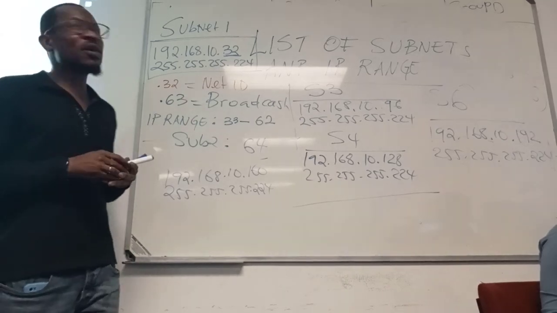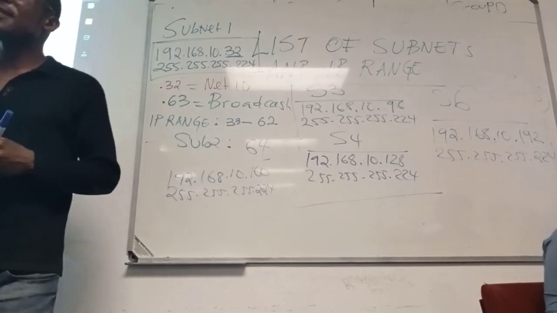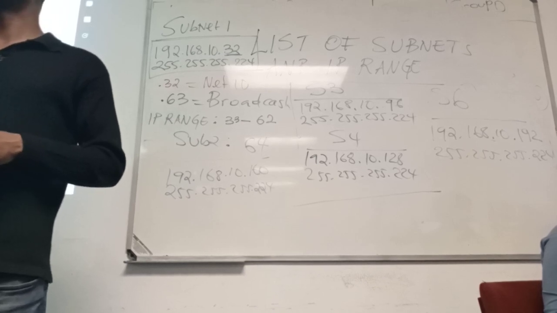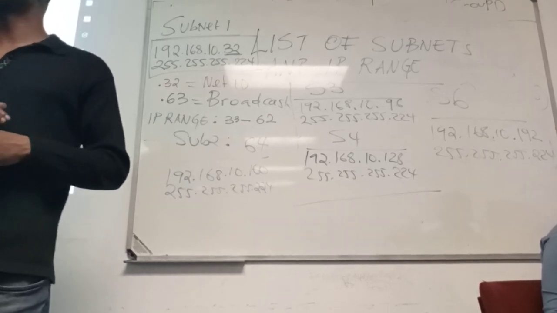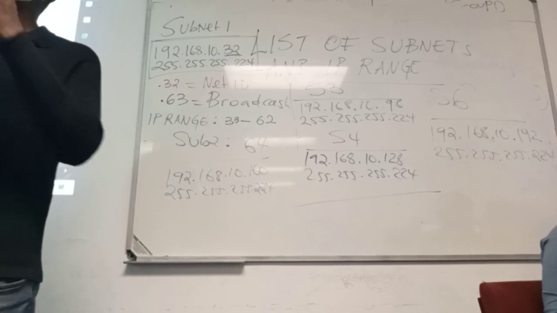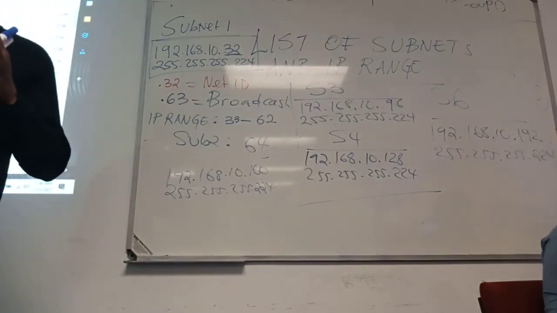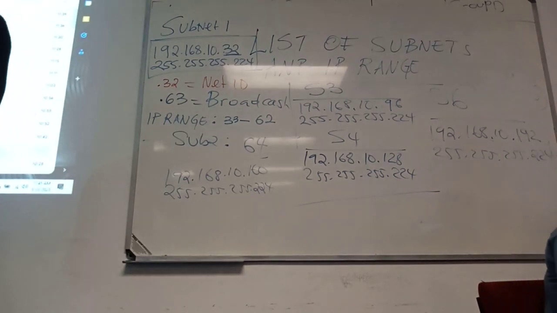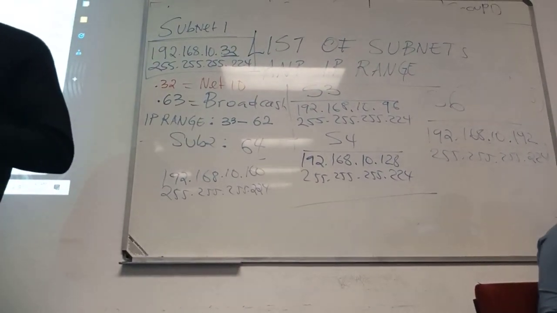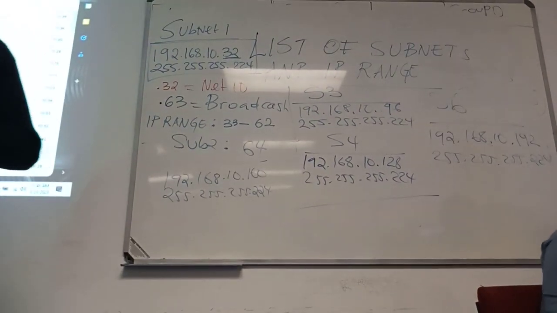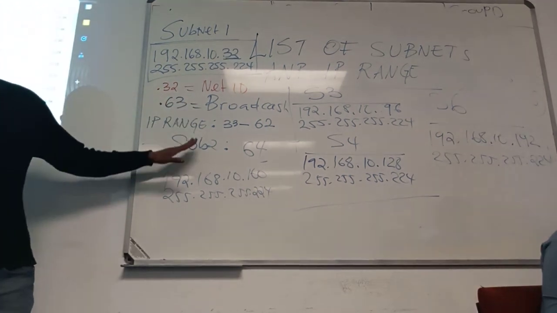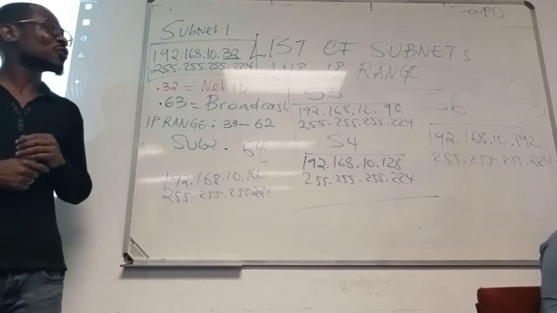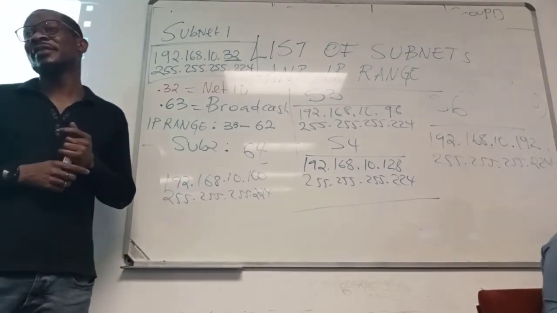Right? Now pick up your class C, pick up your number of hosts, and do your own way, because if I'm giving you one, sometimes you can copy. Take your class C, subnet mask /24, your own number of hosts, your own number of subnets, and try to list all your subnets down, and try to show the IP range.